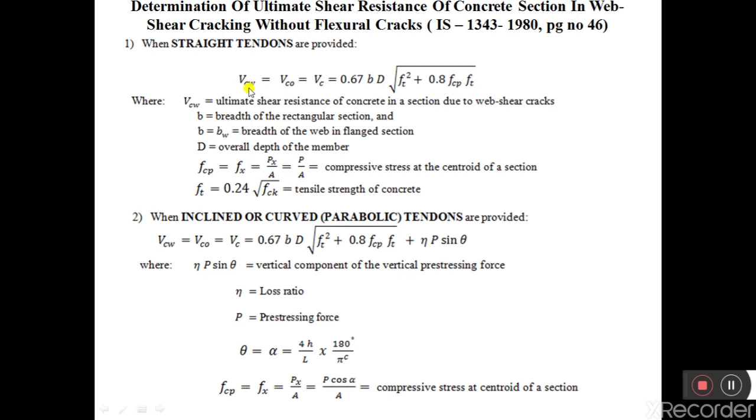Here Vcw, Vco or Vc is the ultimate shear strength of a prestressed concrete member.